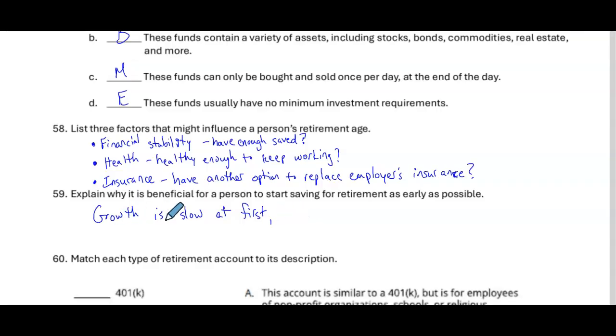After the growth is slow, it ramps up as it compounds. But that takes time. You need time for the compounding to work.